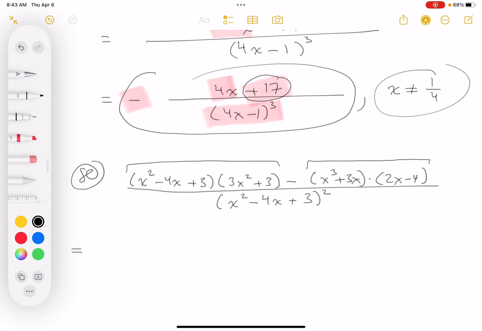So really what am I left to do? I'm left to multiply it out and hope for a lot of terms to come together. Before I do that, though, I want to relax a little bit and look at the bottom. And the bottom does look factorable, by the way. x squared minus 4x plus 3 is simply x minus 3 times x minus 1.